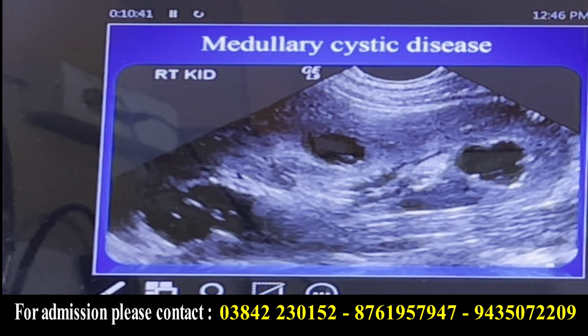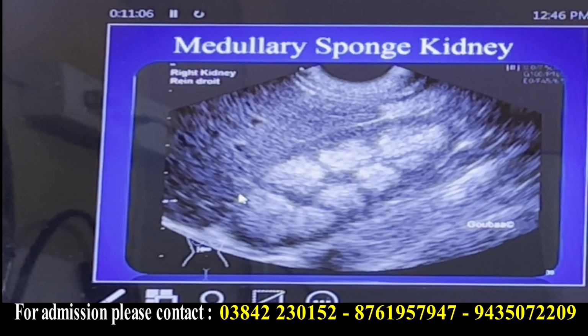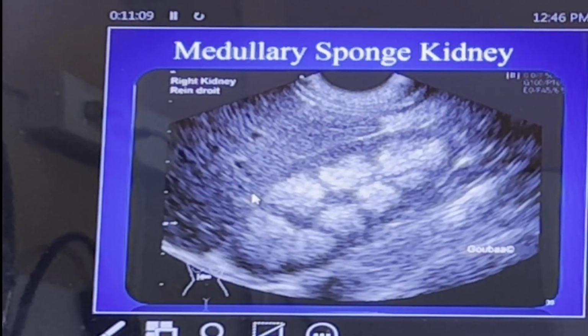Differential diagnosis of medullary cystic disease can be done with medullary sponge kidney. Now come to the medullary sponge kidney. What you see in this picture is a condition where the collecting tubules within the medulla are dilated. Observe closely the increased parenchymal echogenicity due to small cysts when calcium is not present, or due to calcium deposit.